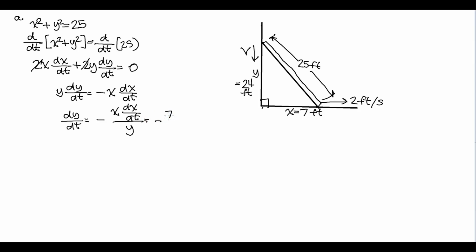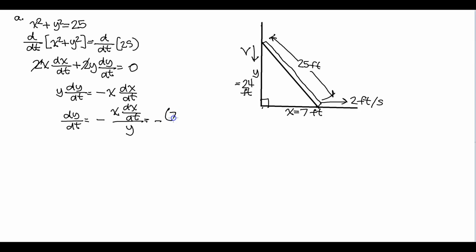Now you have to be careful about what sign you use for dx/dt. X is increasing because as you move it this way, the distance x will get higher and higher. So we have to put a positive value. It's better if we put units.